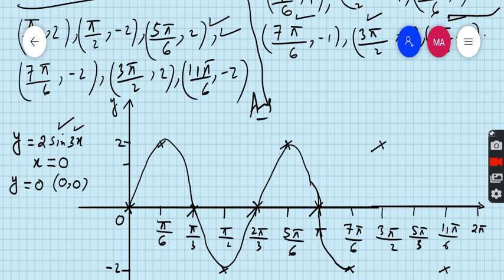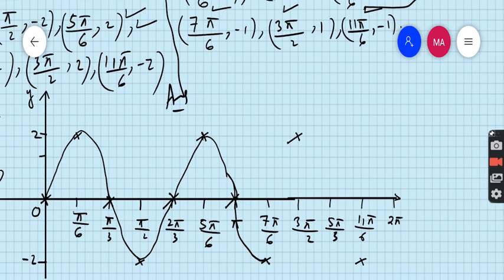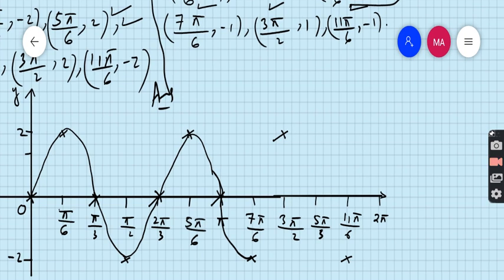Sorry, one value was missing. That is why our answer was not 100% correct. So I am rubbing these values out.